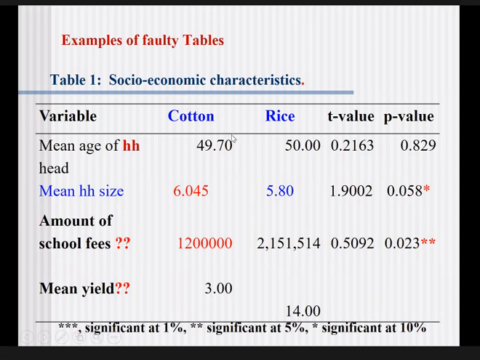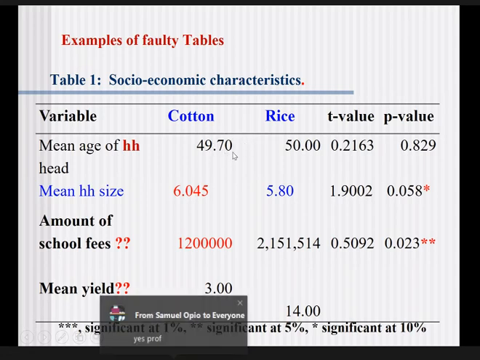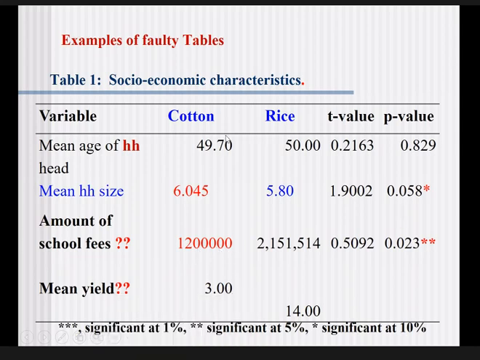Let's go down the column of cotton. Under the column of cotton, we have 49.70, 6.045, and 1,200,000, and then 3.00. But you see, they are not aligned.